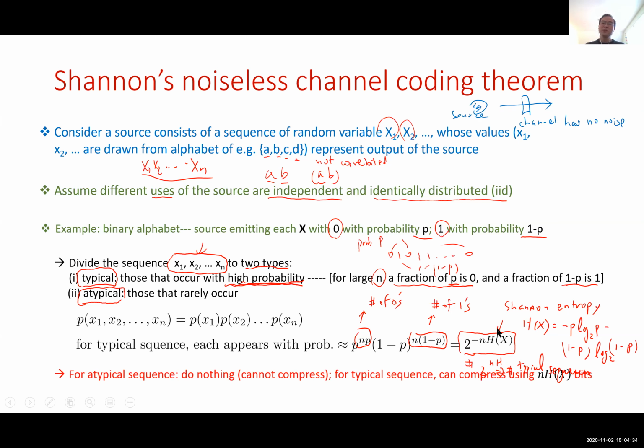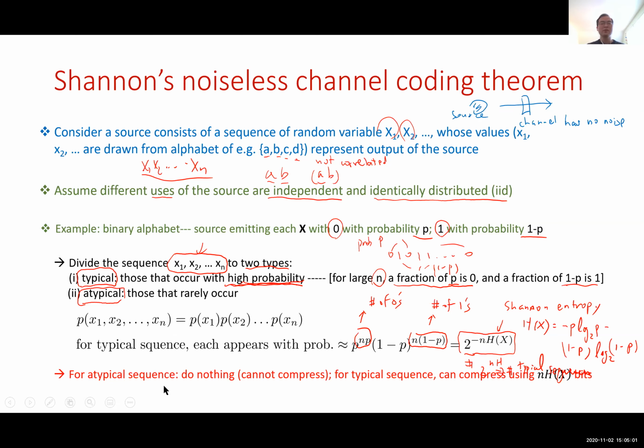So this also means that, yeah, the number of bits, right? From here, it's sort of intuitive that this is the average number of bits that I need to use. So for a sequence of n bits, I need to use n times the Shannon entropy to encode those messages in a typical sequence.